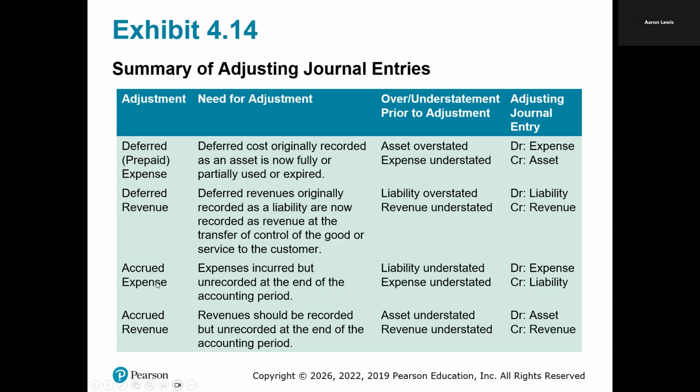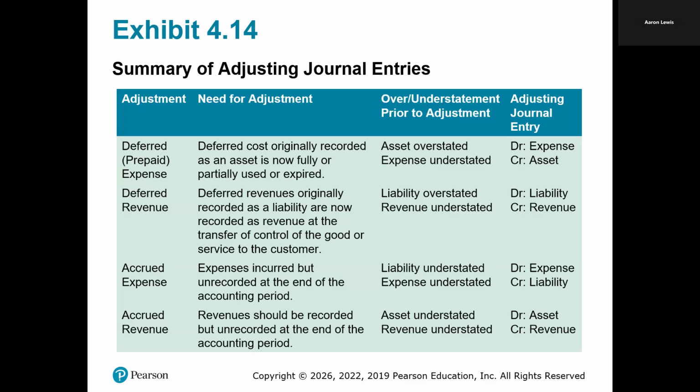If you have an accrued expense, that was just like the salaries payable that we had a minute ago. It's always a debit to an expense and a credit to a liability. And if you have an accrued revenue, that is where you get to record the revenues before the cash actually changes hands. You're going to debit an asset account, usually accounts receivable, and credit the actual revenue. Things will always fall into one of these four categories. These are the four types of adjustments.